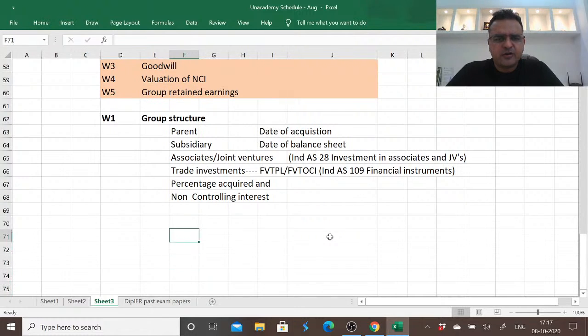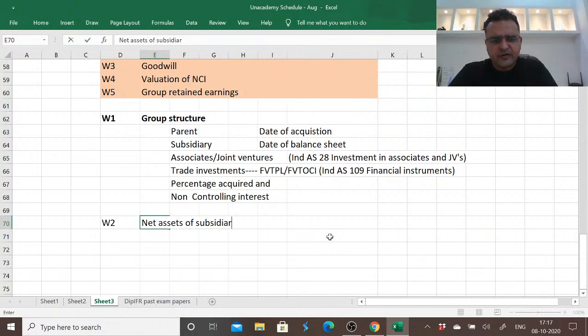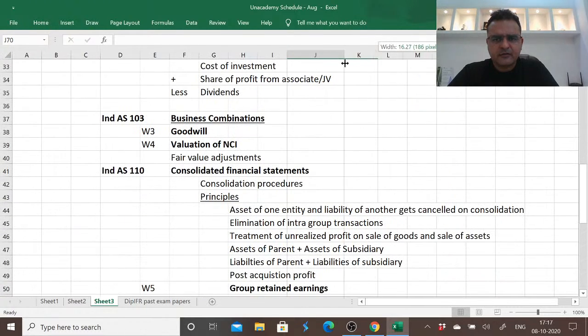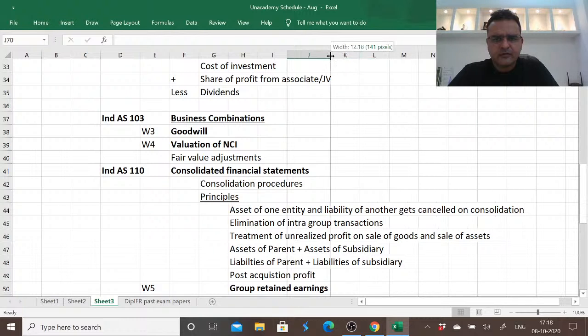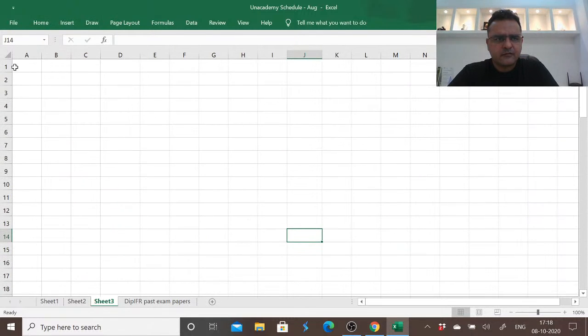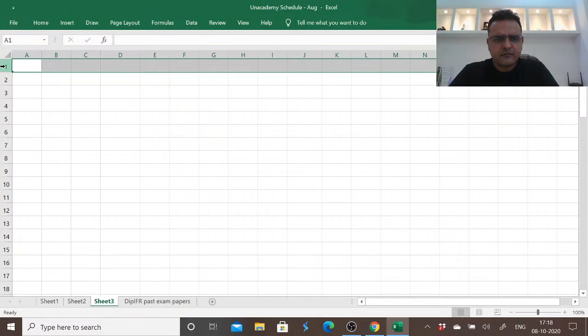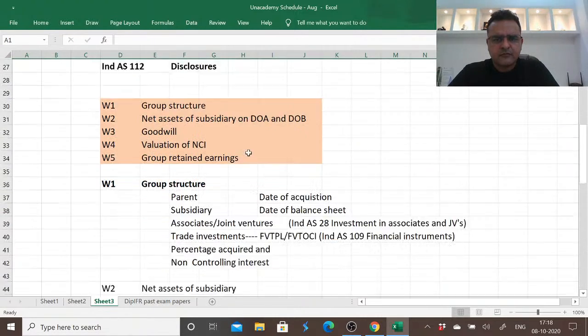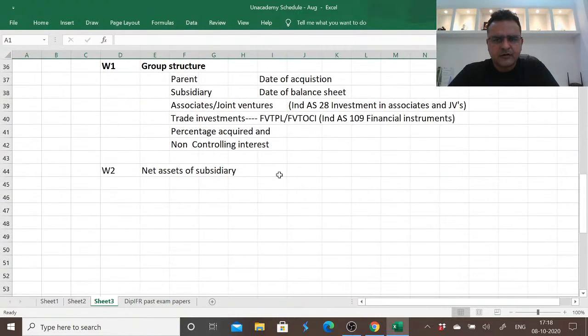Once this is clear, we move on to working note number 2 to identify the net assets of the subsidiary. We need net assets of the subsidiary on 2 dates: the date of acquisition and the date of balance sheet.